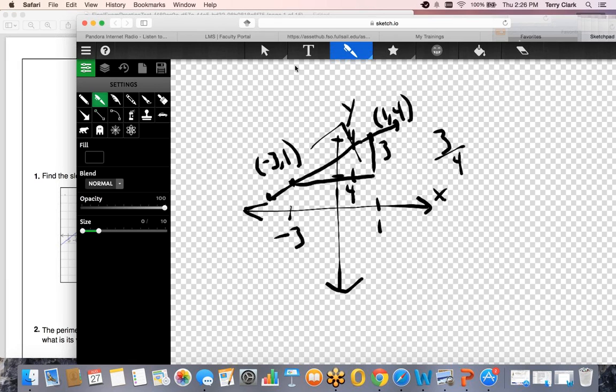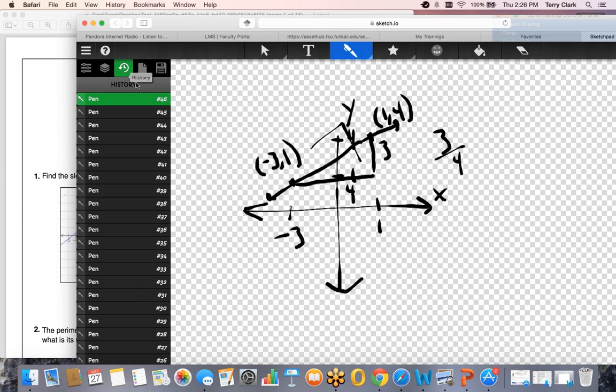Okay. So let's see here. I want to clean this. How do we clean it? Clean it. There we go. Nope.